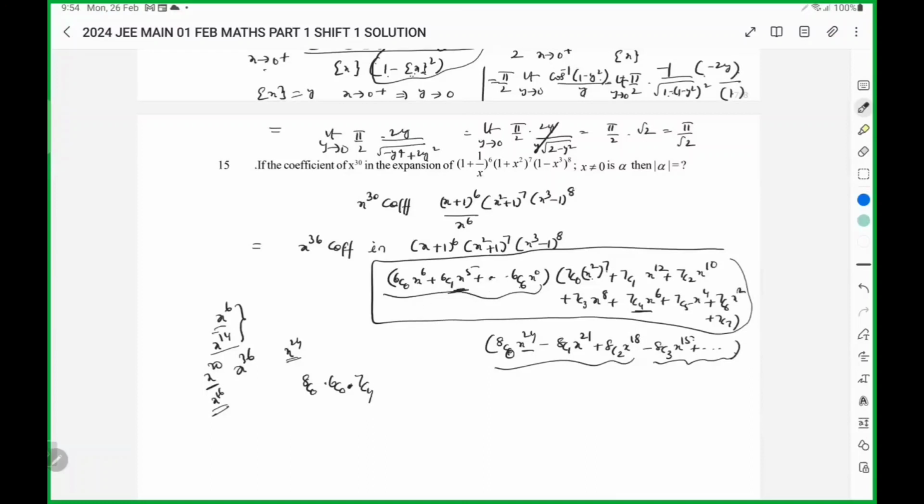So here 6C2, x power 4, you get x power 8, 7C3, 8C0.